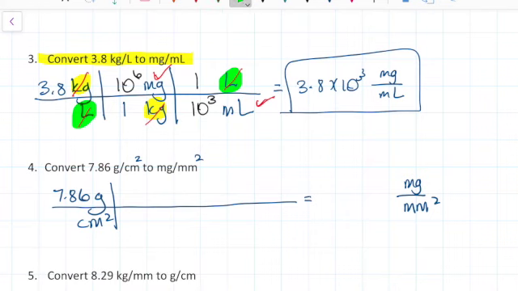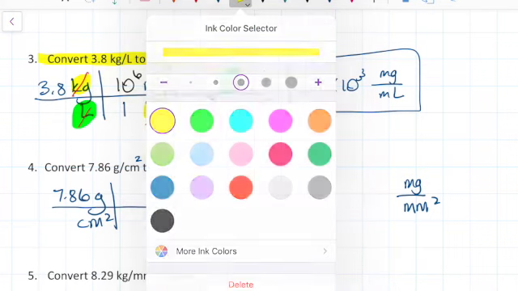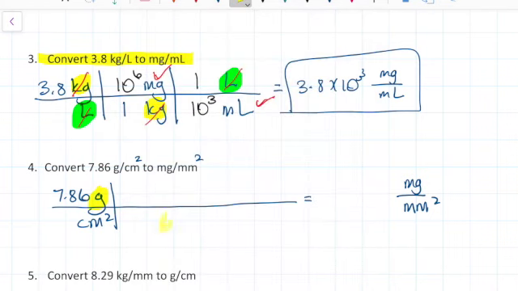We're going to follow the same procedure as we did up top. If I have grams here, I place grams there. My grams is headed to milligrams. I'm left with what I want. I got my milligrams down. Now I need to convert centimeters squared to millimeters squared.